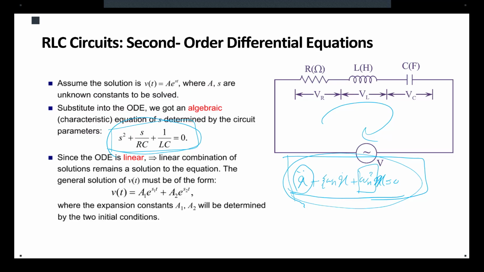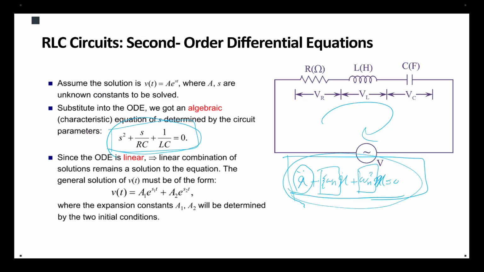I am using this term, and I really hope that you remember that from calculus and circuits. If you don't, please let me know. No? Okay. And whatever coefficient you have in front of x dot is going to be your decay rate.